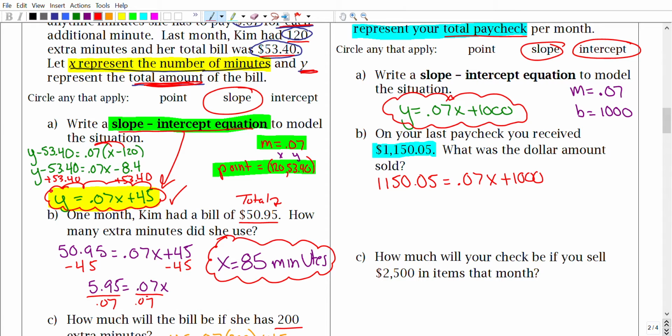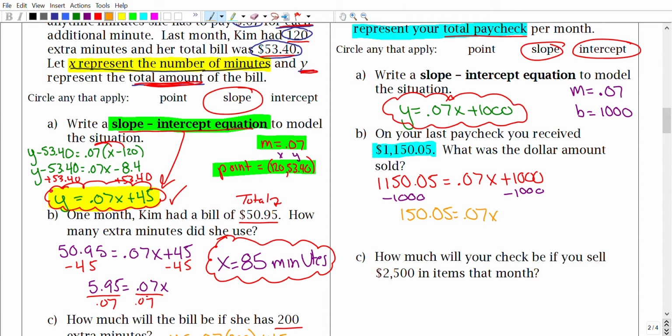So first thing I have to do here is get rid of my 1,000. Again, you're using SADMAP here. Don't forget the regular basics on solving equations. So what do I get? I get 150.05 equals 0.07x. So if I divide both sides by 0.07, I get, let's see, let's type it into our calculator.